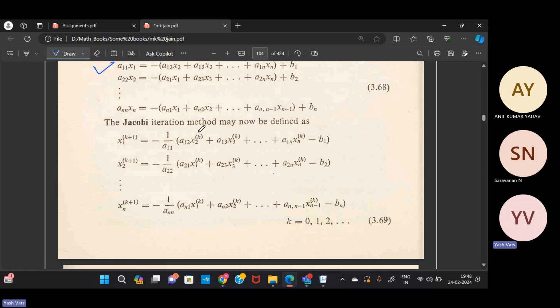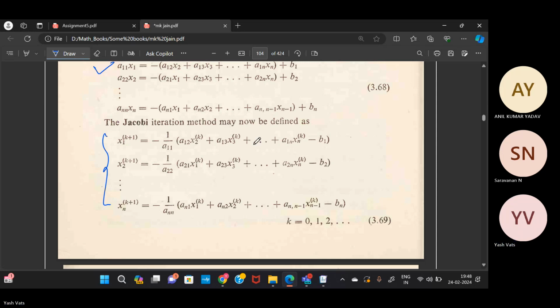And you know the values of x2 0, x3 0 and xn 0, whatever initial seed you provide. Similarly, you find all the values: x1 1, x2 1, xn 1. And once you get those values, you find the next iteration and so on.